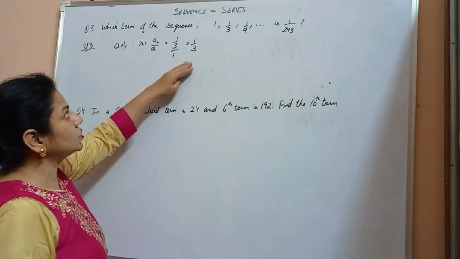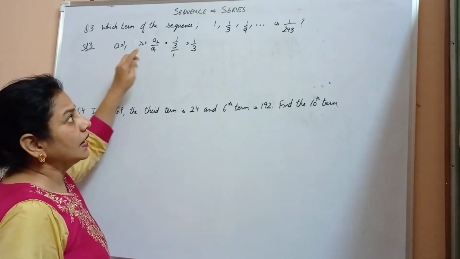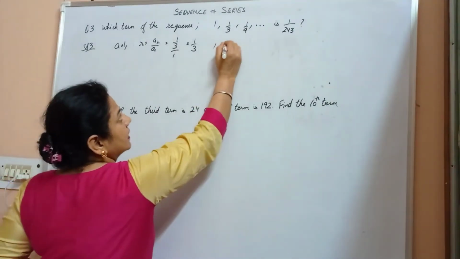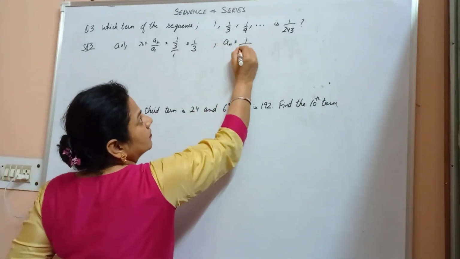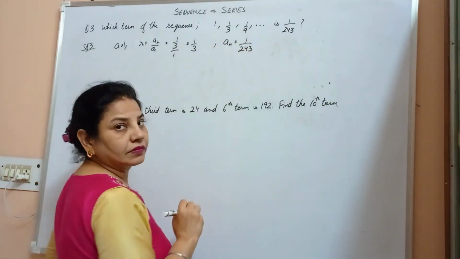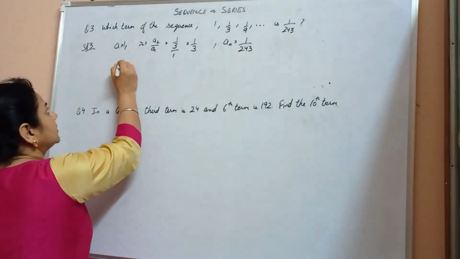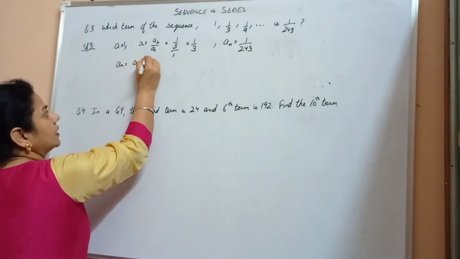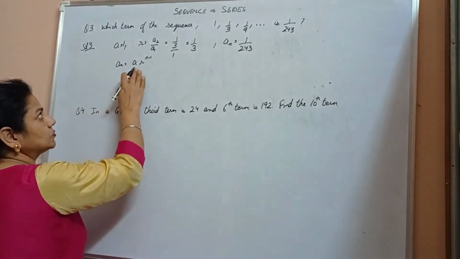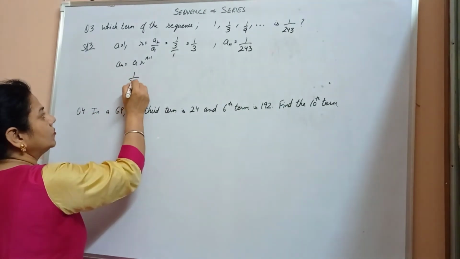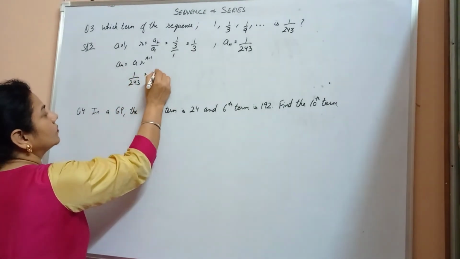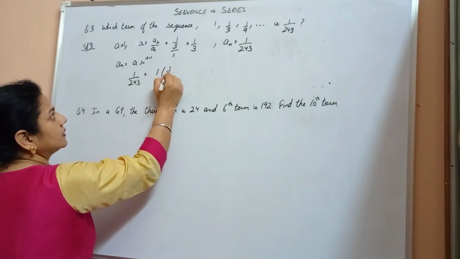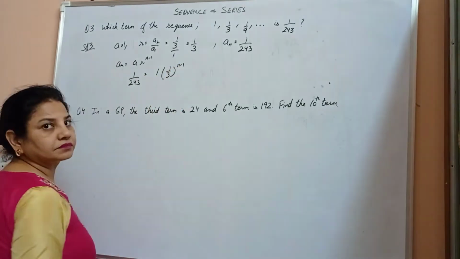So the common ratio is 1 by 3, the first term is 1 and the nth term is given as 1 upon 243. As we know that the nth term is written as ar^(n-1), substituting the values, I will get 1 upon 243 is equal to 1 into (1 by 3)^(n-1).